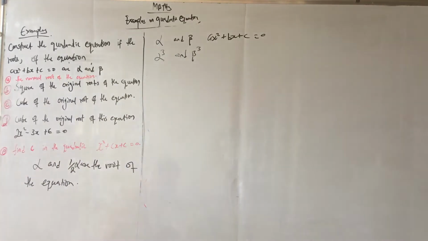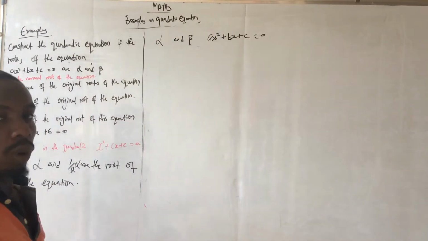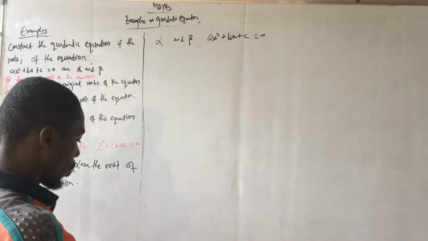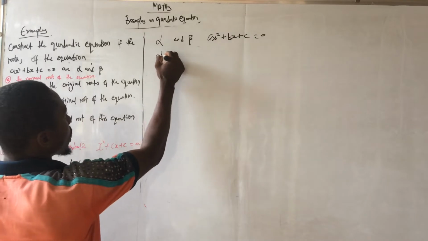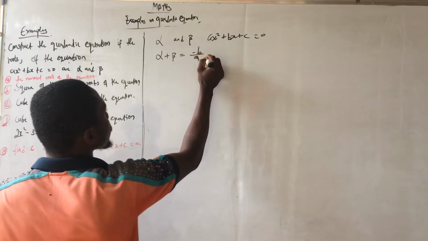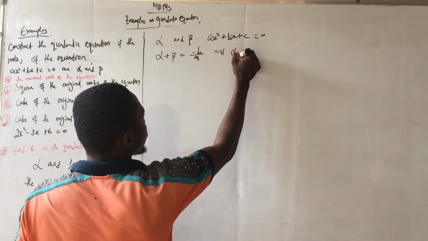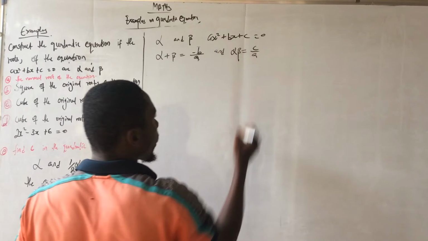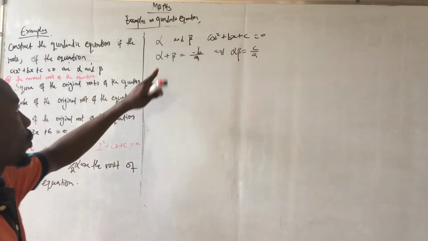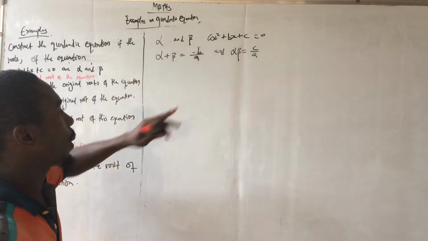So without wasting much time, we start from the one we know to the one we don't know. You know that alpha plus beta is equal to minus b over a, and alpha beta is equal to c over a. But we are not concerned with alpha and beta; what we're concerned with is alpha cube and beta cube.